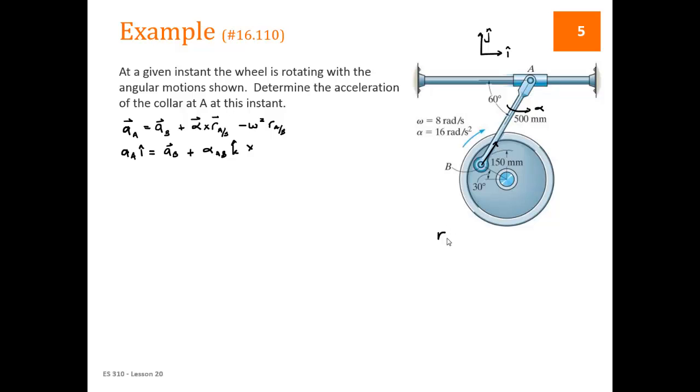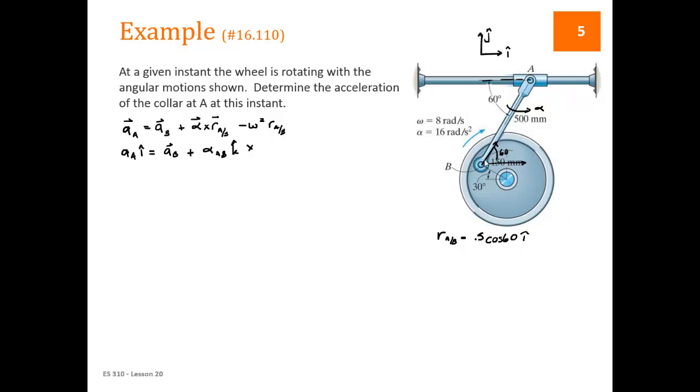We'll write that out. R_AB is equal to, in the i direction, we go over this far, right? So it's positive direction, and that is 500 cosine of 60. This far is the same as this distance, or if this is 60, this is also 60 down here. So that's going to be 0.5 meters times the cosine, adjacent, of 60 in the i hat direction, positive.